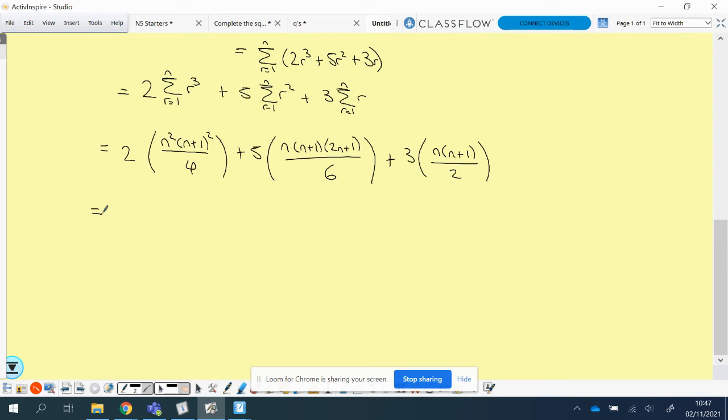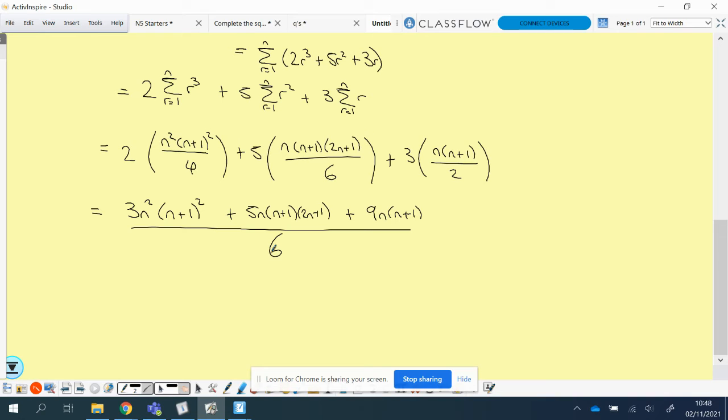So that would then leave me with 3n squared bracket n plus 1 all squared, plus 5n (n plus 1)(2n plus 1), plus 9n (n plus 1), all over 6.